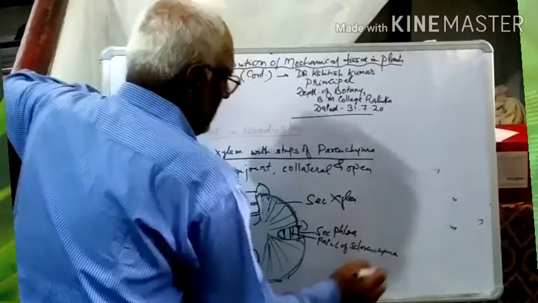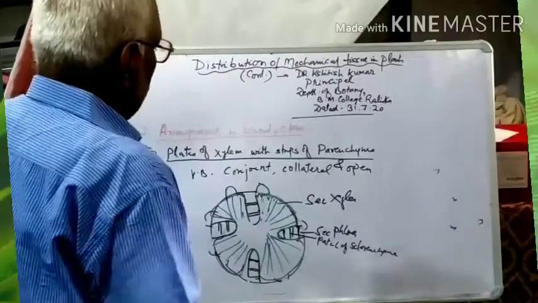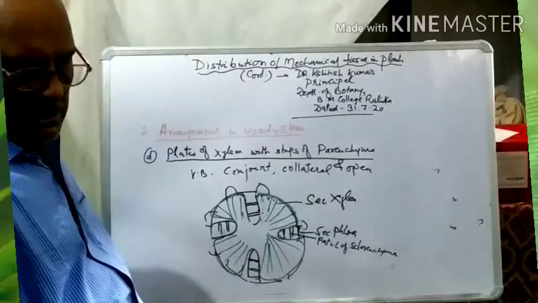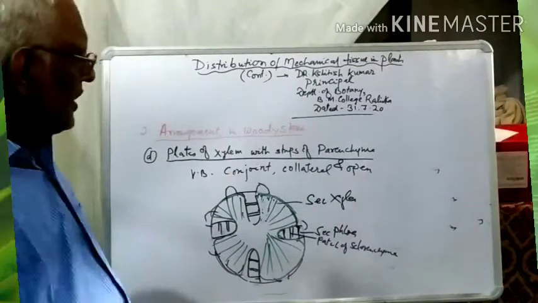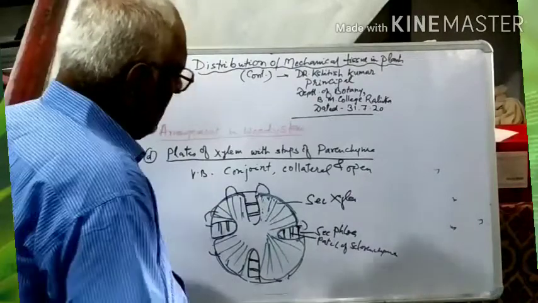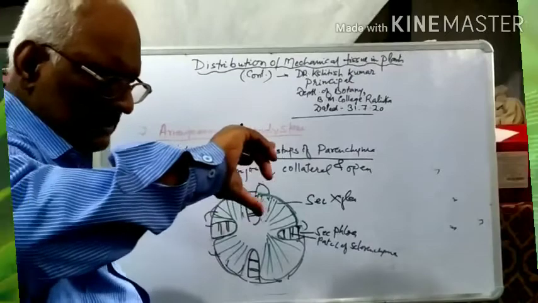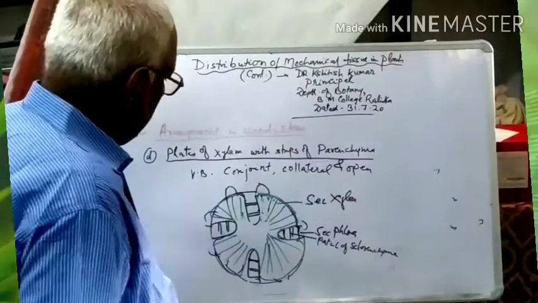This patch of sclerenchyma gives the phloem additional flexibility, so it is able to tolerate bending stress, and the plant does not bend.